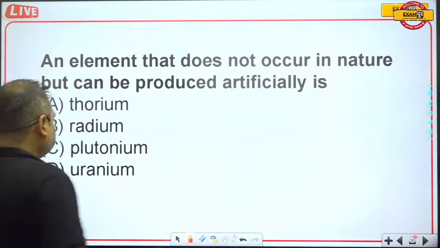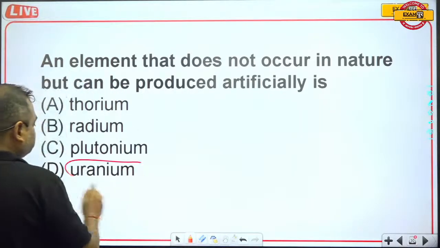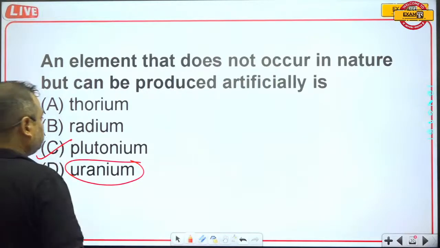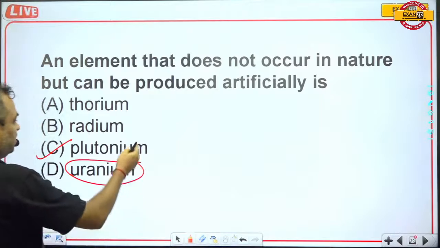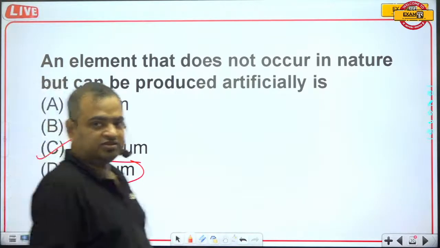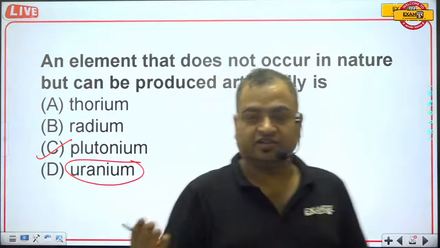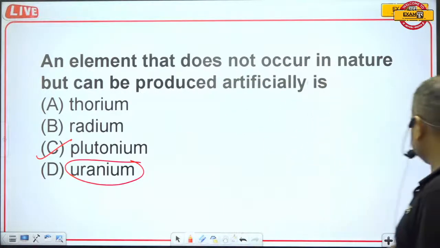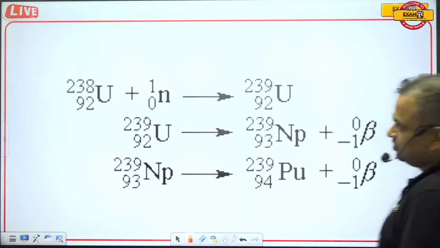So when uranium reacts with the neutron, plutonium is formed. Plutonium doesn't occur in nature actually. It is formed when the uranium reacts with the neutron. Let us see how it occurs.